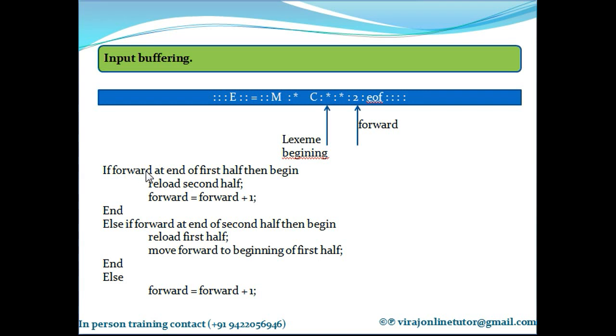If the forward pointer is at the end of the first half of the buffer, then reload the second half with new input data, and you increment the forward pointer so that it will point to the starting character of the next half of the buffer. So we are loading the second half with new input data and incrementing the forward pointer.